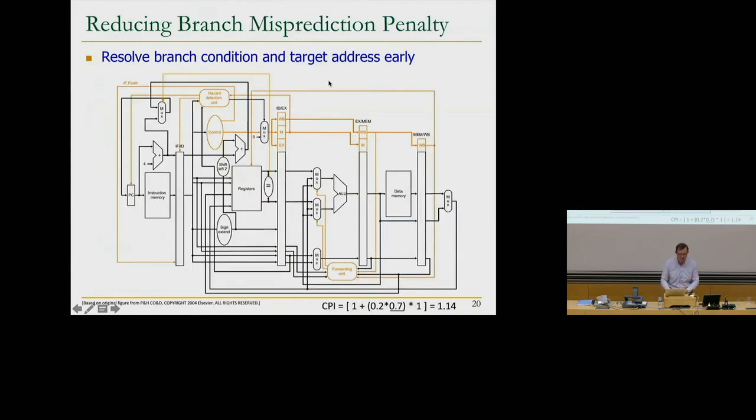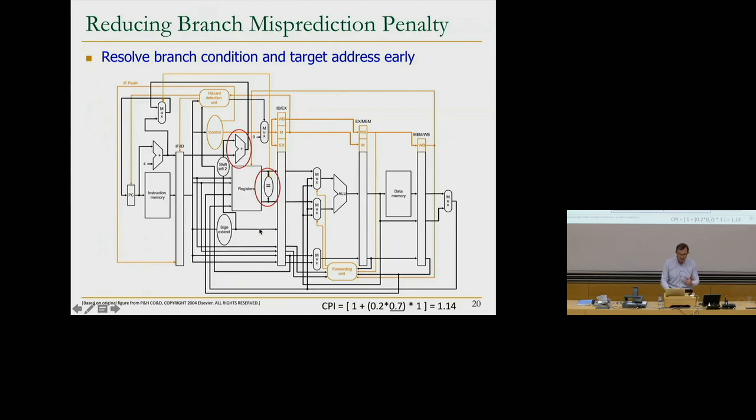If you go back to this pipeline structure, you can essentially add, as opposed to resolving the branch in the ALU stage, extra logic to resolve the branch earlier. Basically, if you're checking if 2 registers are equal, you just add extra logic to check if 2 registers are equal after the register file over here, as opposed to doing it in the ALU.